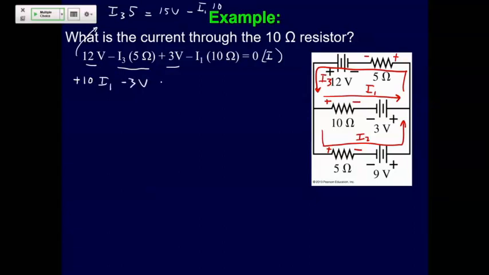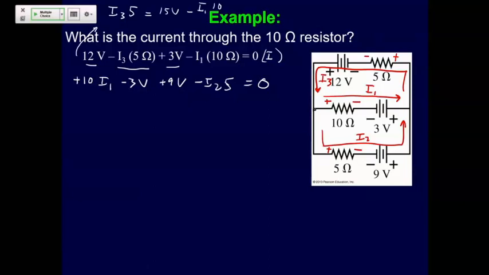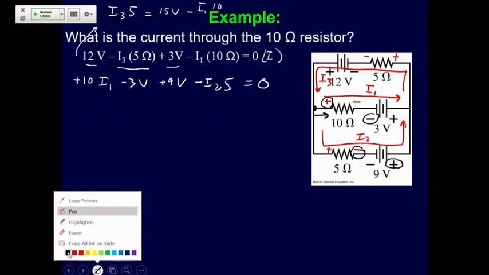That's the next one I come to. Plus 9 volts. And then minus I2 times 5 equals 0. So again, that's the loop starting right here and going this way in the bottom loop. I come to the positive for that one, negative for that one, positive for that one, and negative for that one. Okay, so that's my method there.